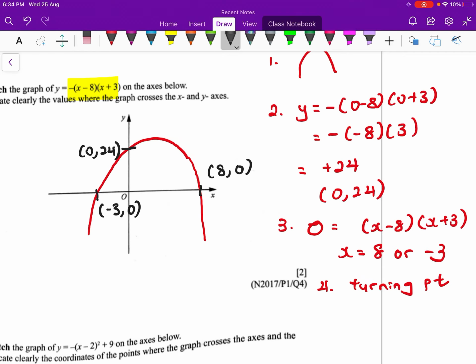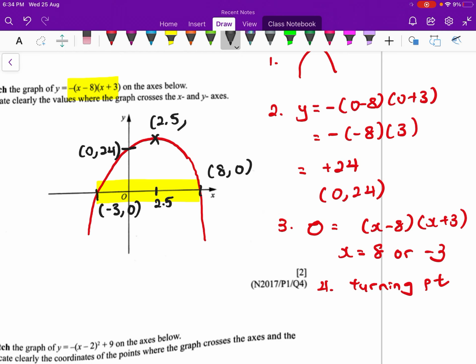Okay, so now everything is almost done, just that the turning point is not yet done. So now we look at the middle point between this 8 and negative 3. The middle point will be 8 plus negative 3, which is 5. So 5 divided by 2 is 2.5. So here will be 2.5, comma.